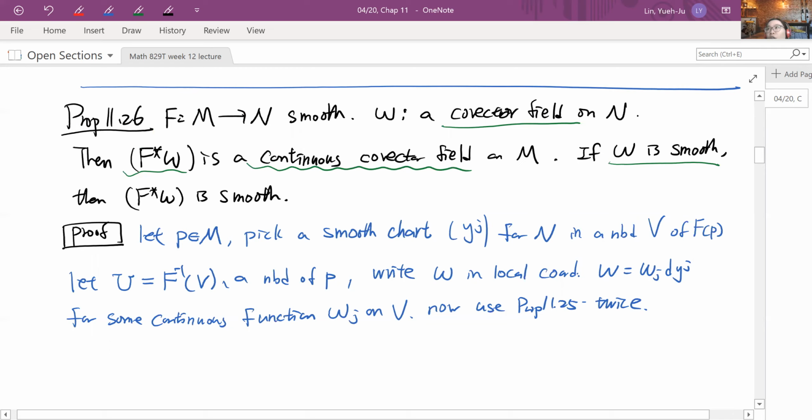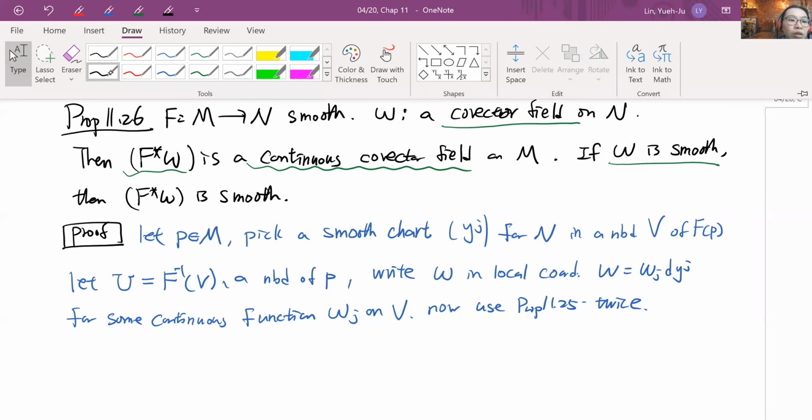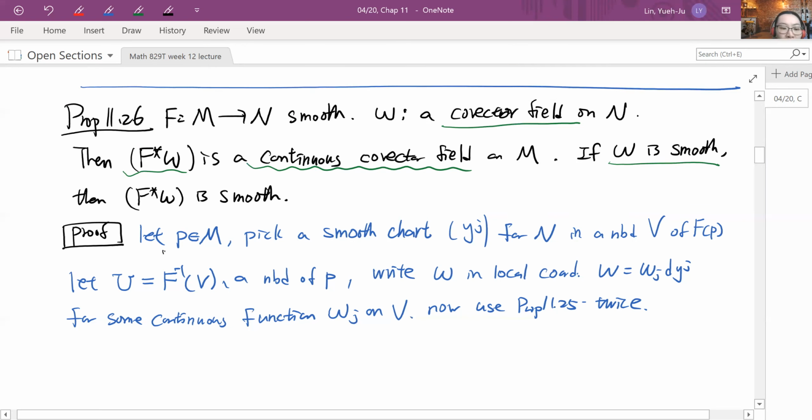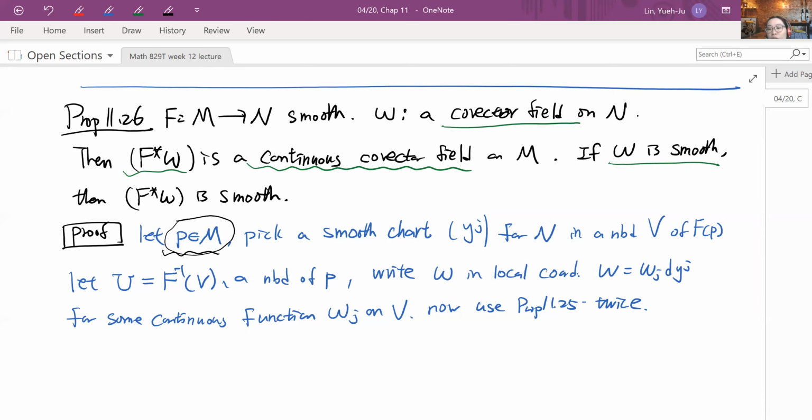We can write F star W, this pullback of the covector field, in terms of the coordinate. Then we can see what the corresponding component function looks like in terms of local coordinates. But in order to do that, we need to set up the setting here. For any point P in M, once we fix a point P in the domain, we are going to pull back the covector from f of P. Then you pick some smooth chart.